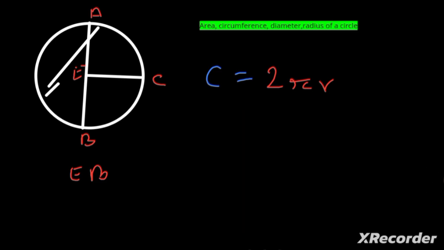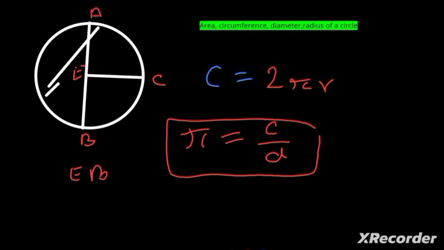So first, pi equals circumference by diameter, and it is a constant which is the same for all circles, no matter whether it is very small, as in centimeters, or as big as 1 meter.